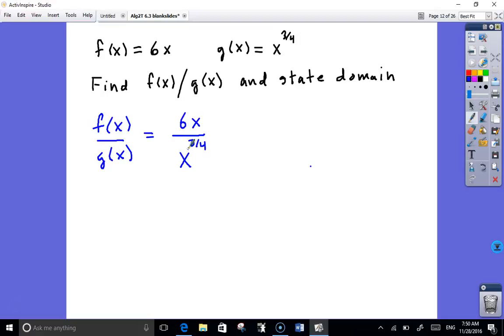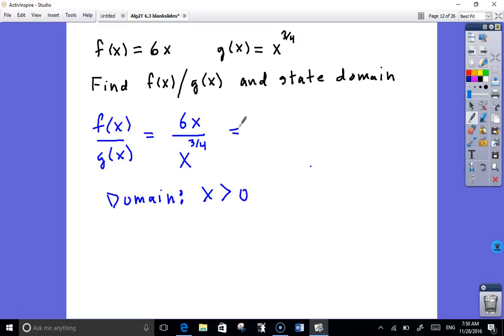And you know that wouldn't happen if it's in the numerator. So unsimplified, we would have to say the domain is x greater than 0.